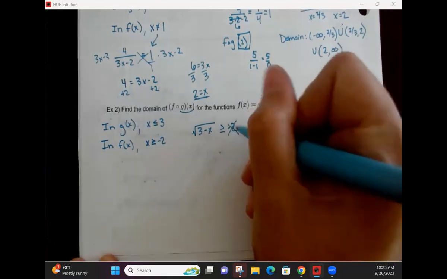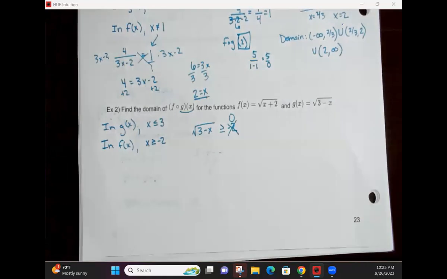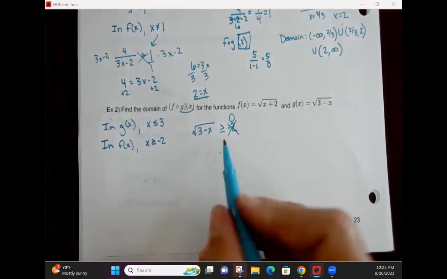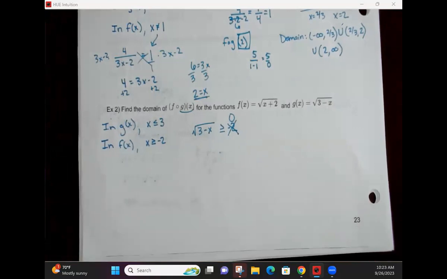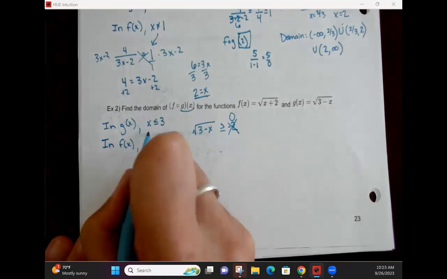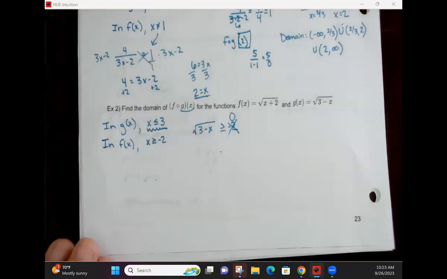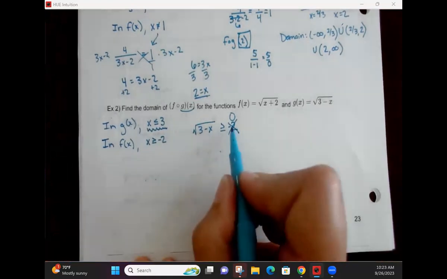It's always going to be greater than or equal to 0, right? So anything I get out of here has to be bigger than or equal to 0, because I've already placed restrictions on this domain so that my output will always be greater than or equal to 0.